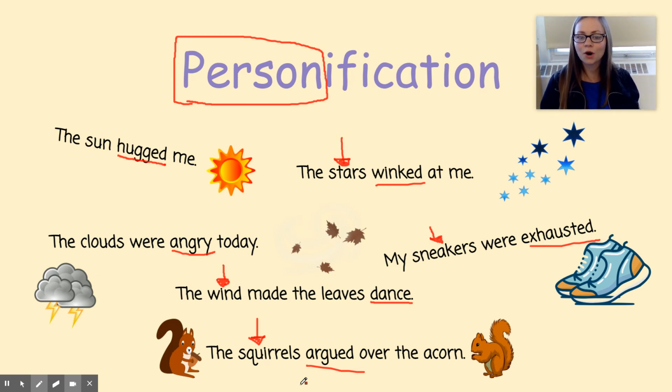No, they can't say words. So basically, what this sentence is saying is that maybe they were fighting over the acorn. Maybe this squirrel here picked up the acorn and this one was chasing it. Okay, so this is personification. It's when you give an object or an animal human-like characteristics.